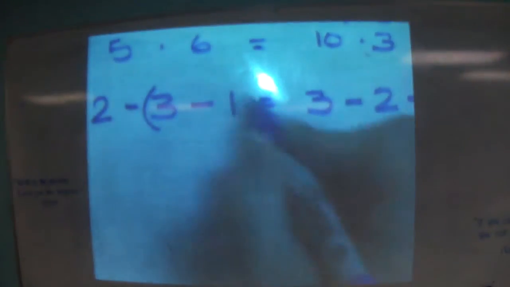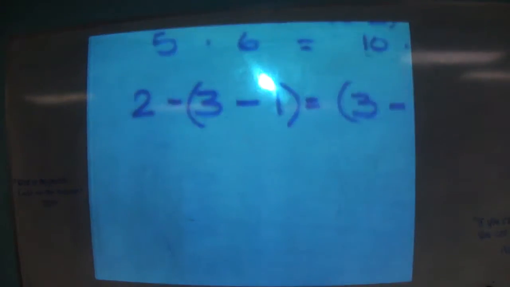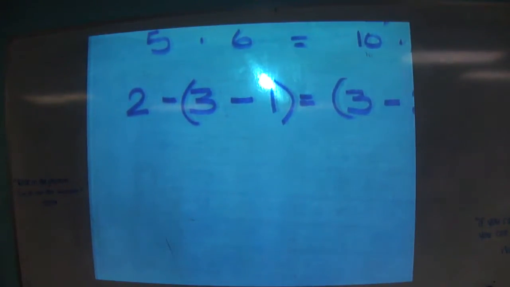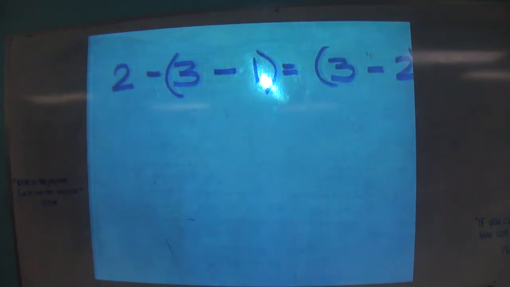What about if we do this, with the parentheses moved? Is it equal? No. Okay? Is there a way that you could use the associative property with subtraction? No. Can you change subtraction to addition?